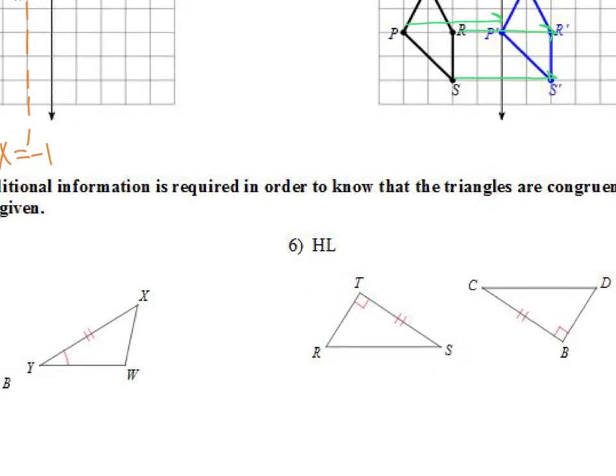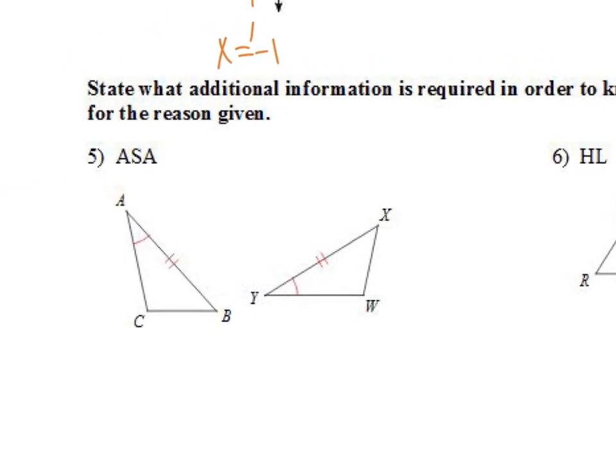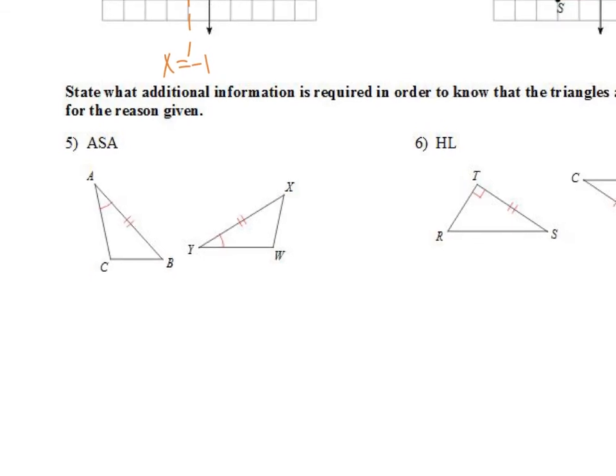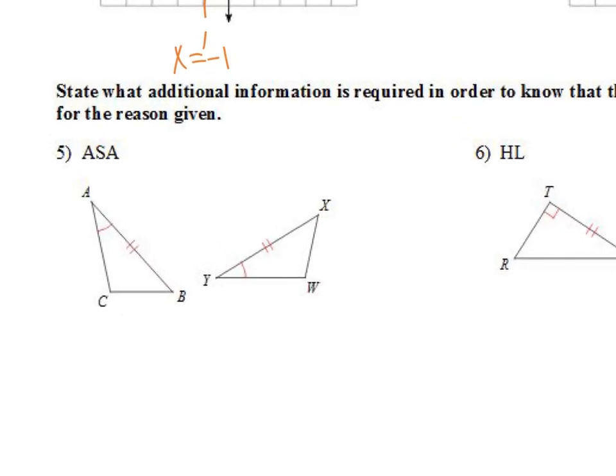All right, moving on, number 5. What additional information would be needed to prove the triangles congruent if we were using angle, side, angle? Okay, so with these, the idea is we need to notice that the side is the included side in between the two angles.